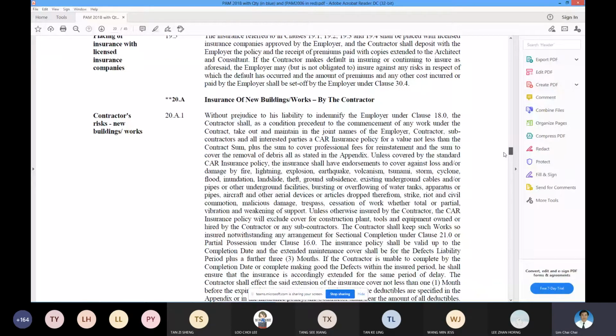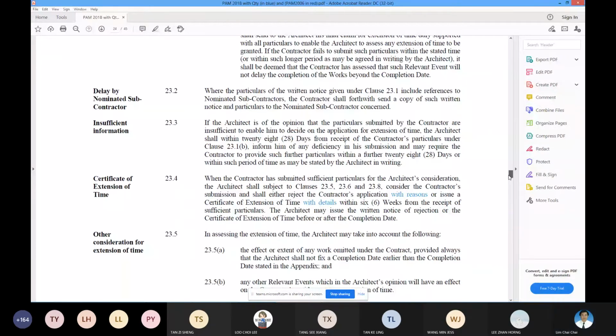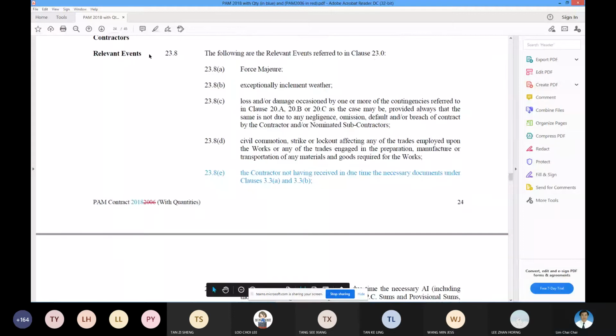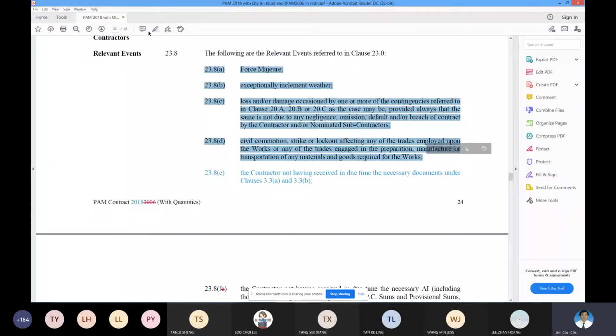Clause 23.8 lists the relevant events. If extension of time is granted under these relevant events, you can check; this is the commencement for the contractor to claim loss and expense under clause 24.3.